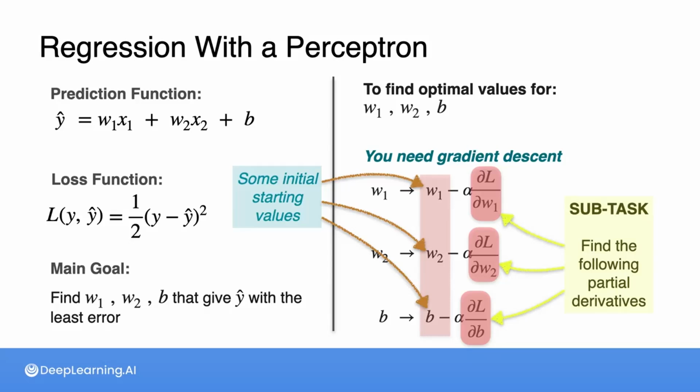And if you do this for a long time, you can imagine that you're going to end up with pretty good weights that have a very low loss function, and that implies a good model.